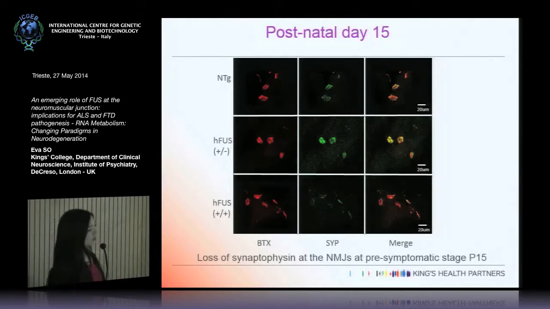And one thing that's very interesting is also that at this stage, there is abundance of FUS in the homozygous mice, which might suggest that overexpression of FUS may cause impairment or reduce the expression of these presynaptic proteins.